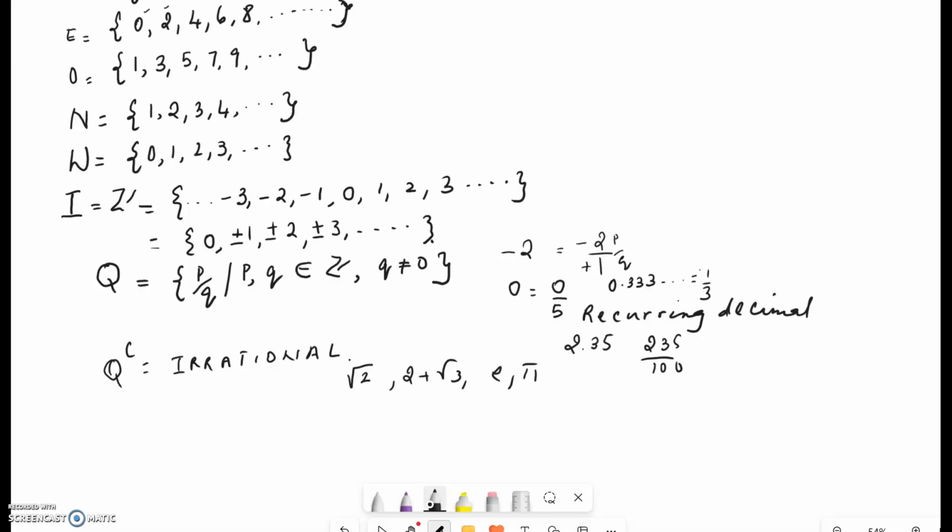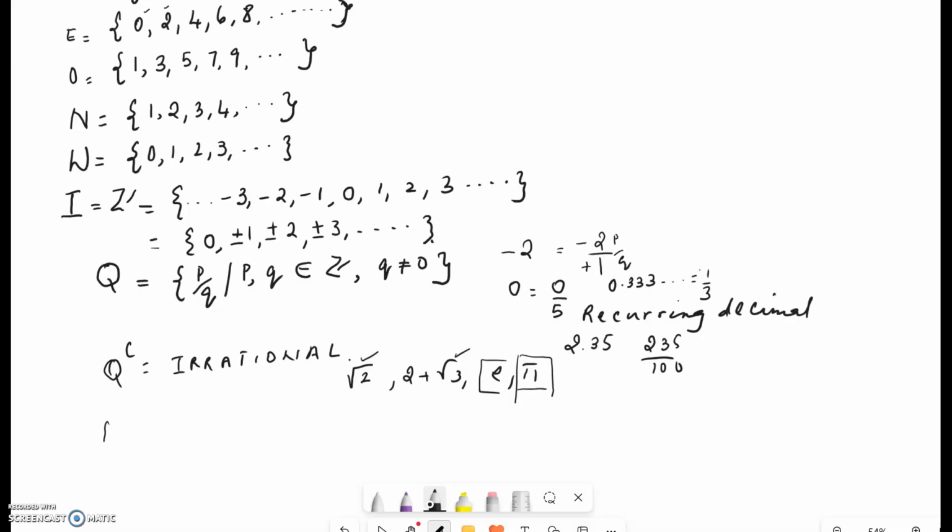Anything that's in the decimal form that is non-recurring, it doesn't have a pattern, it just keeps going on and on, like the number pi or e are examples. And of course radical 2, radical 3 and any combinations of those kind of numbers would be irrational numbers.